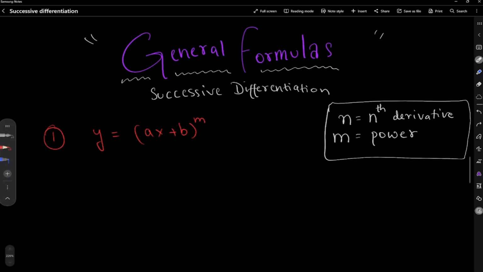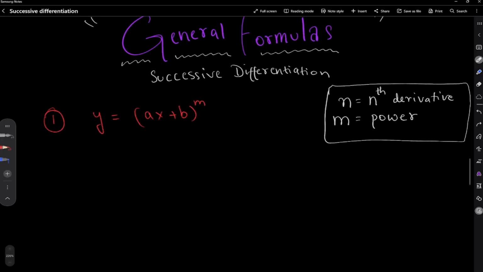The steps are: first, I'll write 4 derivatives of this. I'll take the first derivative. So by using the power rule, dy upon dx equals n x to the power n minus 1, if I have a function x raised to the power n, this is the formula.